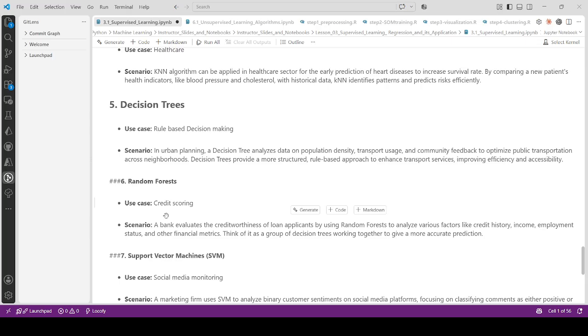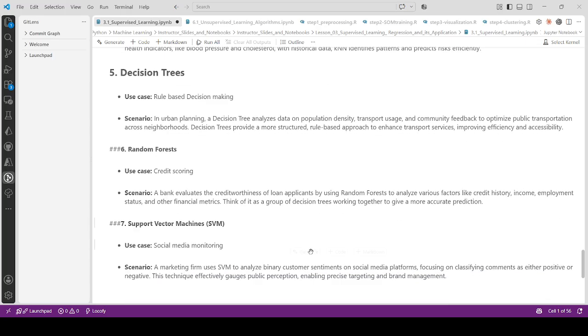The scenario is that a bank evaluates the creditworthiness of loan applicants by using a random forest to analyze various factors like credit history, income, employment status, and other financial metrics. Maybe we can have a separate decision tree for each of these factors. Think of it as a group of decision trees working together to give a more accurate prediction.